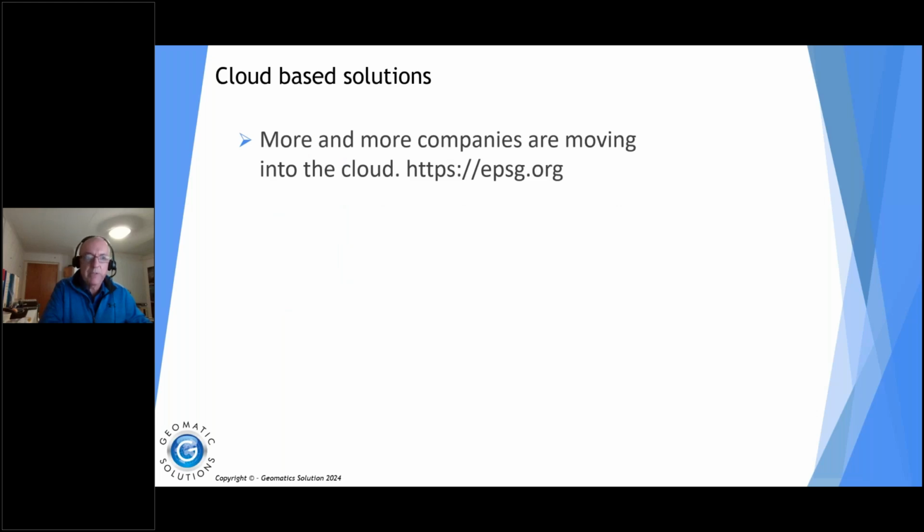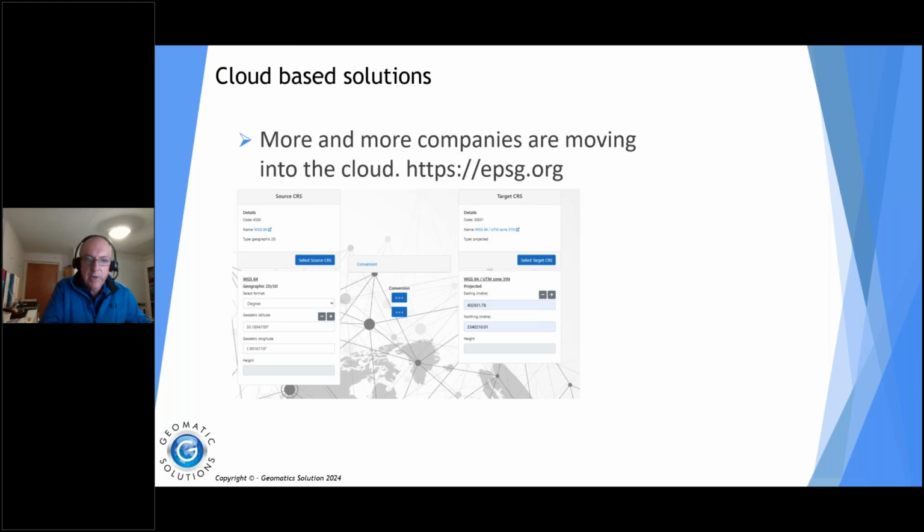We have cloud-based solutions. We saw the EPSG.org, for instance. We have cloud-based calculators. So this is an example of a calculator that selects data from the EPSG registry. So it basically takes all the parameters directly.